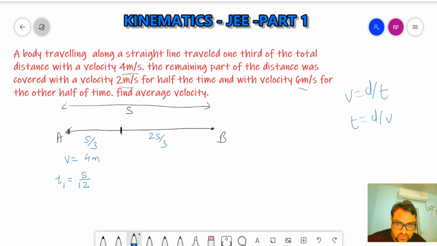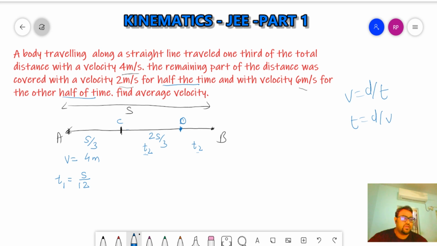Now for the second portion, it's not equal. Let's take for this much the time is T2. Then here also the time is T2, because it is half the time and the remaining half the time. So this distance will also be covered in T2. I am marking this point C and this point D. From C to D it takes T2, from D to B it takes T2.